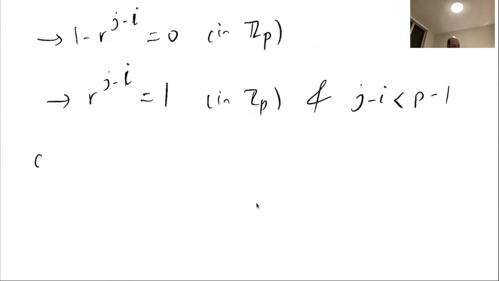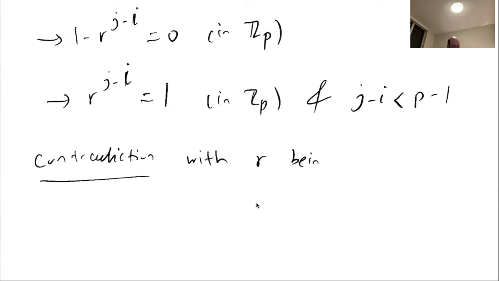And this is a contradiction with r being a primitive root of unity. Primitive root of unity means p minus 1 is the smallest power that r to that power gives you 1.